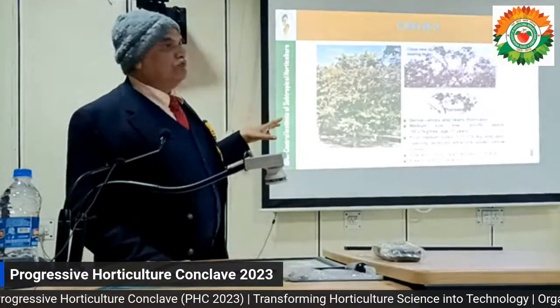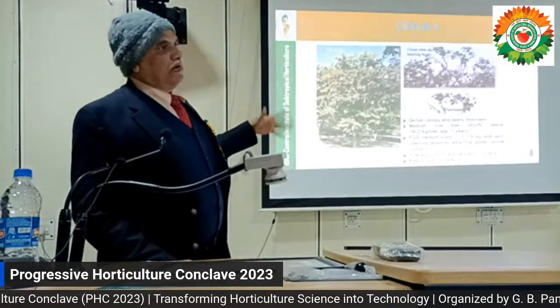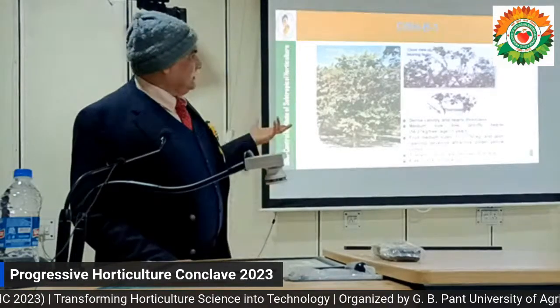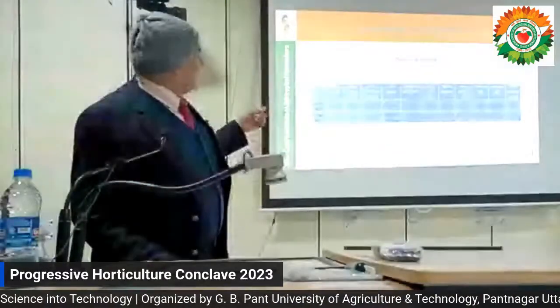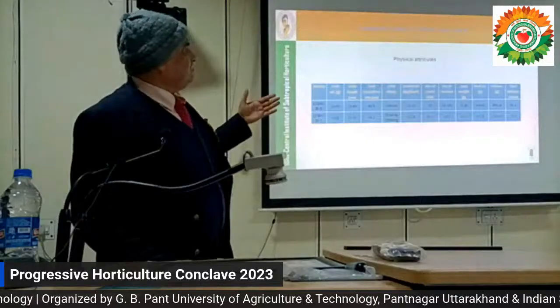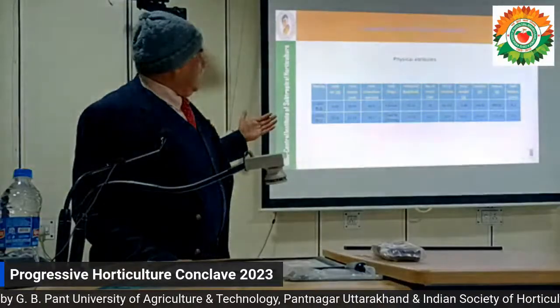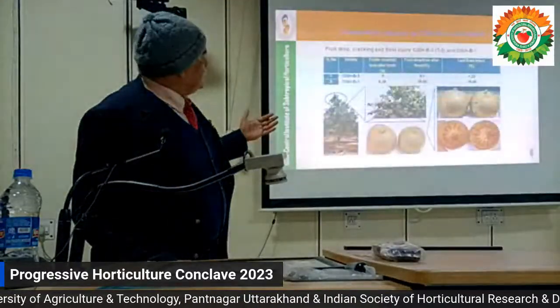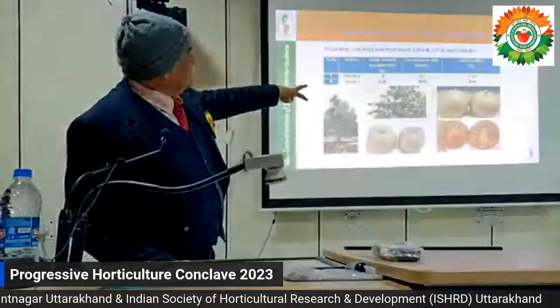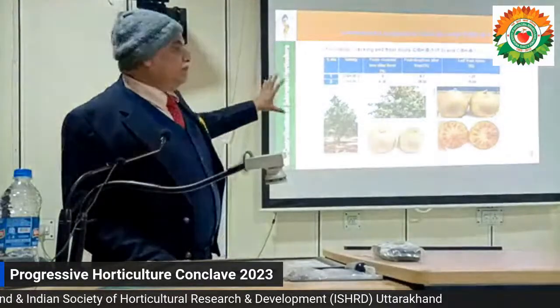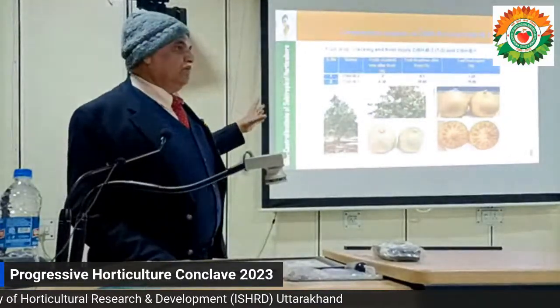These are the three attributes which differ from the other genotypes, because in bael generally fruit cracking and fruit drop are common problems. We compared this variety with CISH B1, and the fruit quality is comparable. Otherwise, B1 and B3 are almost similar in fruit characteristics.